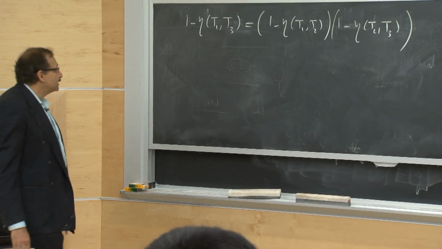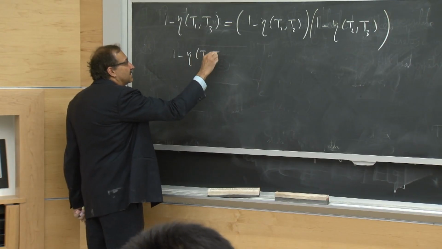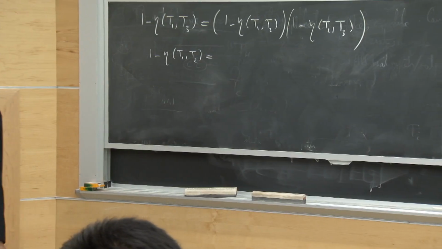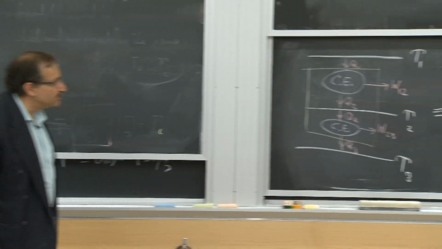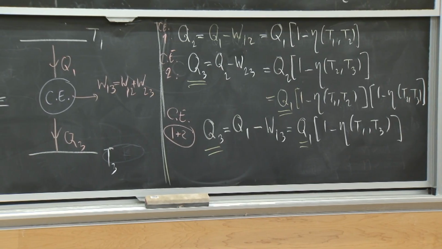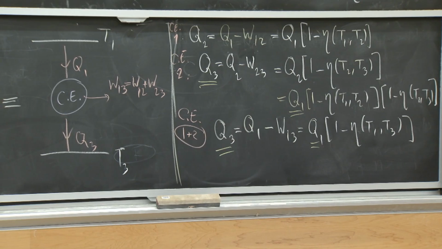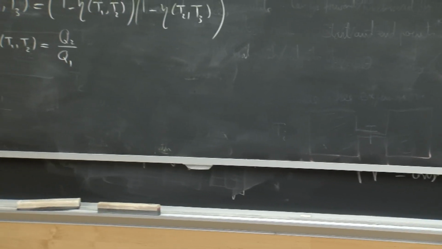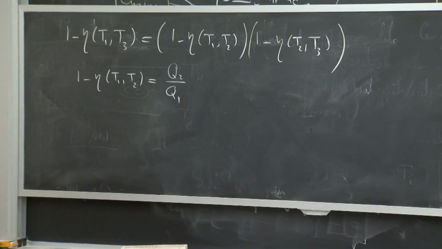And very roughly, again, where did this type of equality come from? It originated in the fact that this 1 minus eta was the ratio of two Q's, right? This was the ratio of Q2 over Q1. And then the other one was Q1 over Q3, and you would multiply them, and you would get Q2 over Q3, et cetera. And that gives you a hint as to how you should construct this function to satisfy the property that you want.